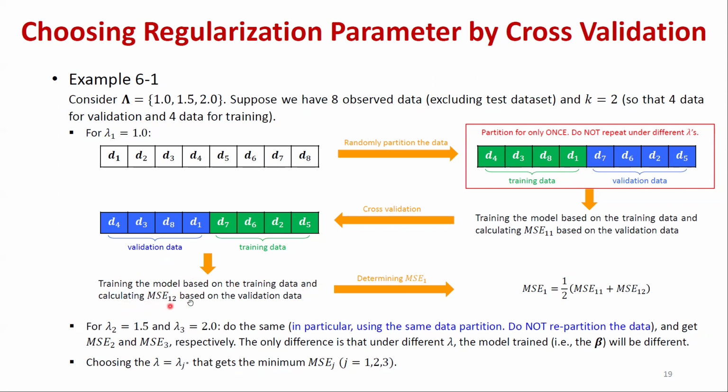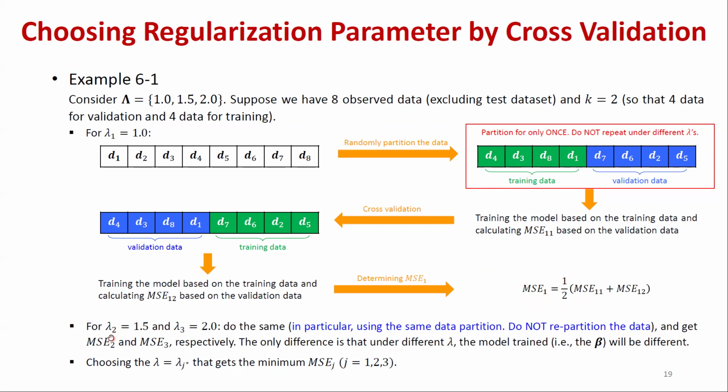So I get MSE 1,2. Now the MSE for the whole lambda equal to 1 is a half of MSE 1,1 plus MSE 1,2. If you have 1,1, 1,2, 1,3, 1,4, then it would be 1/4 of the sum. But here, since I only have 2 groups, it's 1/2, meaning the mean of these two MSEs. Now I get MSE 1.